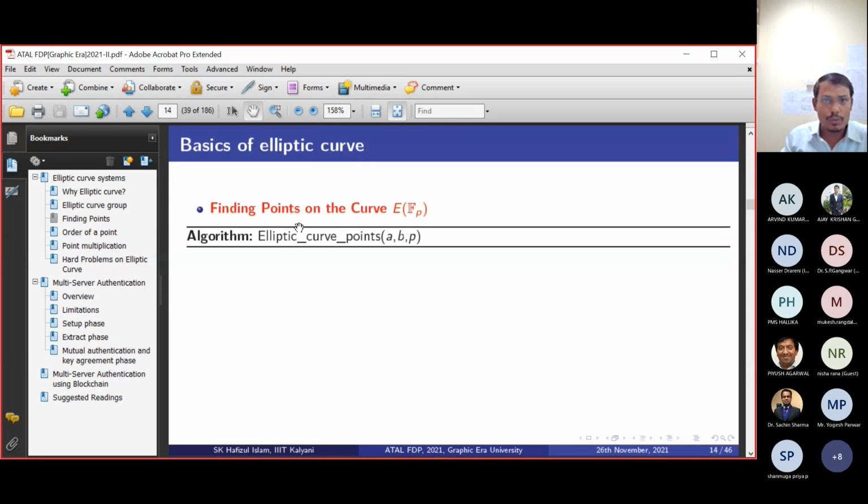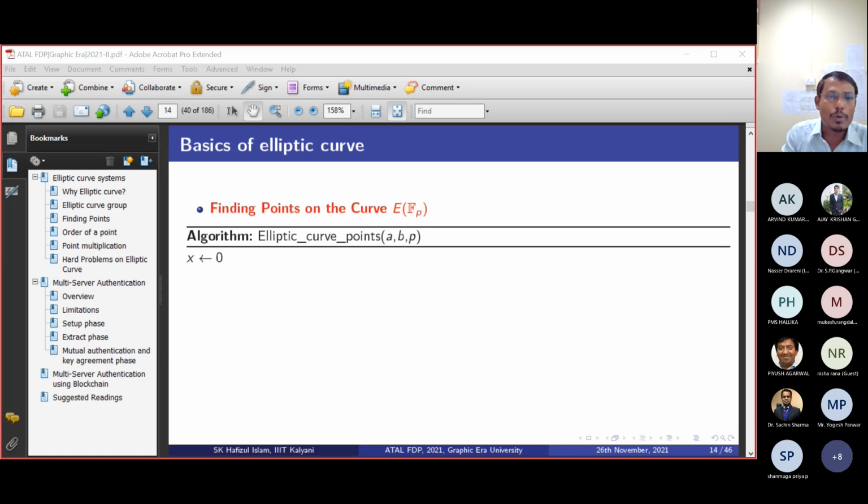Now we have a question. How to calculate all the points of an elliptic curve for a given curve? A simple algorithm. As computer scientists, you need an algorithm. So if you remember this equation for F7, we defined an elliptic curve y² equal to x³ plus 2x plus 4. The x will range from 0 to p minus 1.